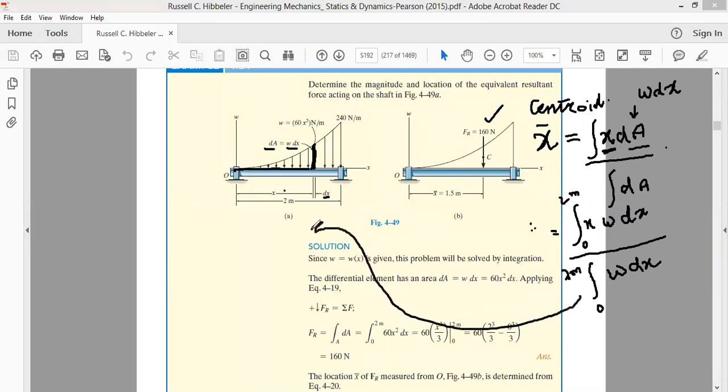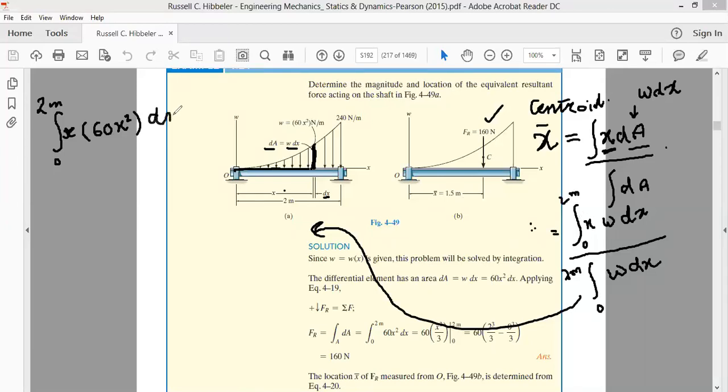We can solve this as follows. The integral can be written as integral from 0 to 2 meter of x times w, where w is our 60x square, so 60x square, and we have dx.